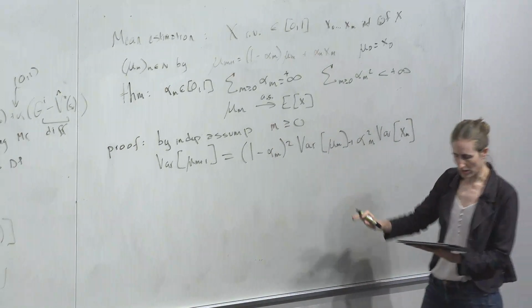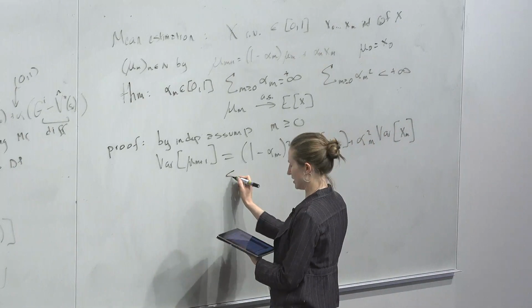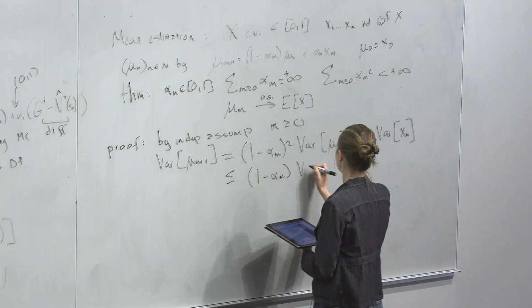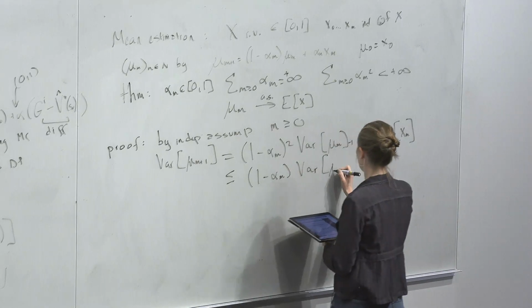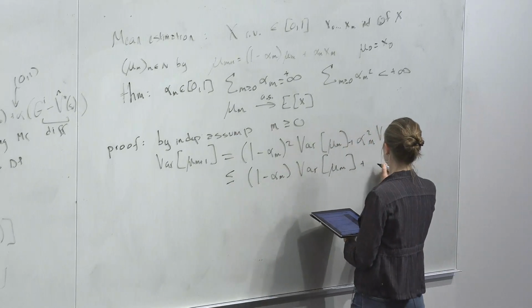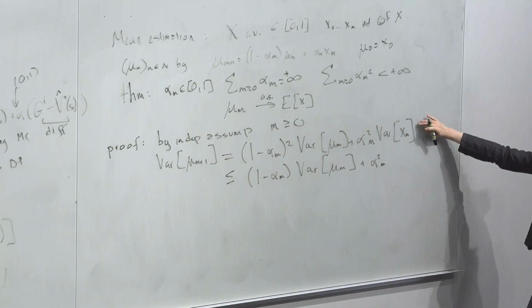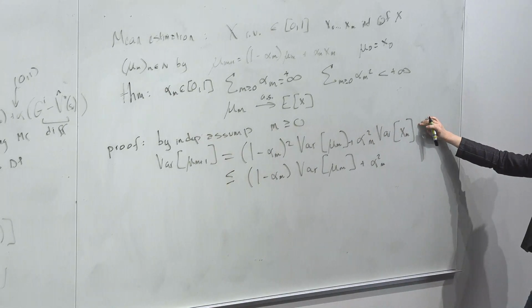Alpha is less than 1, so this is going to be less than or equal to (1 minus alpha m), where I've dropped the square, times the variance of mu m, plus alpha m squared. Okay, because I've assumed all of these are bounded between 0 and 1.